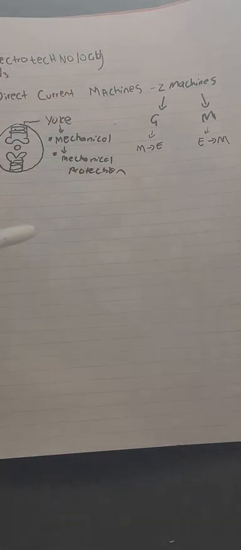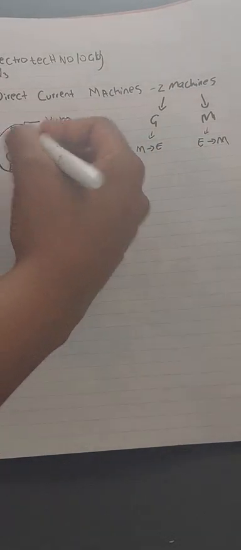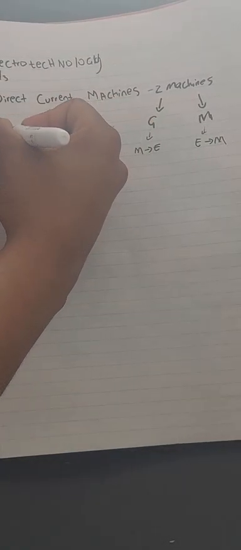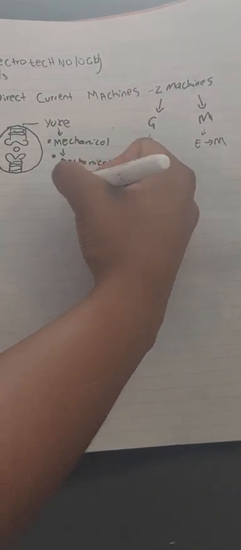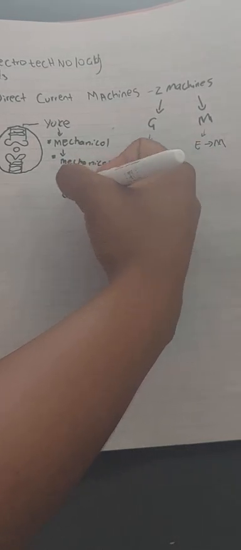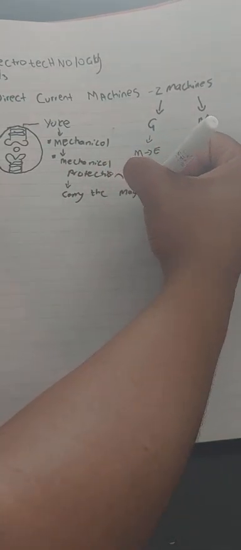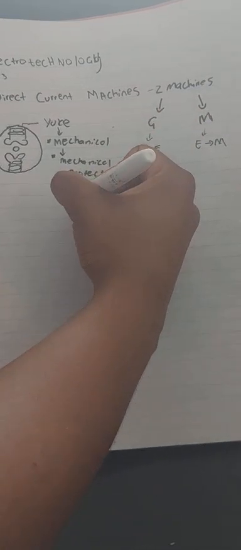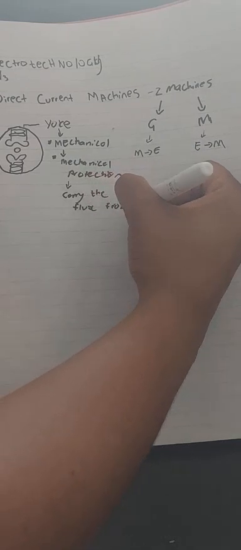And last but not least, the function of the yoke is to carry the magnetic flux from the poles.